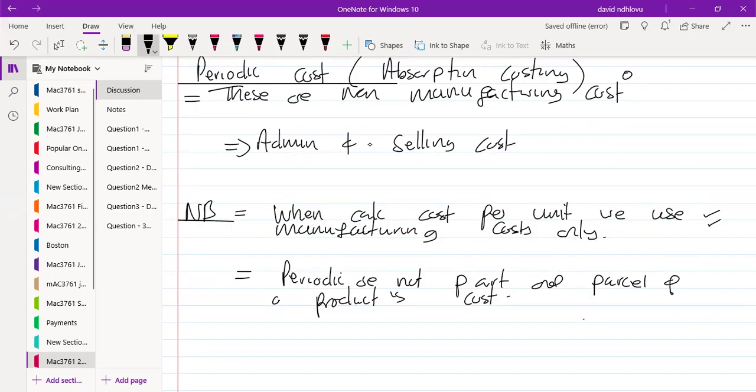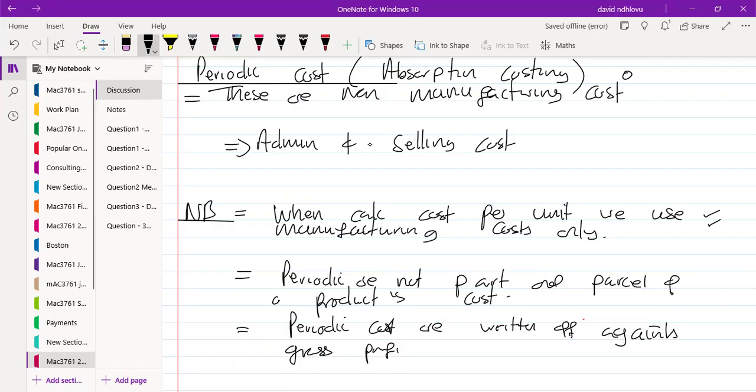Right, the periodic costs are written off against gross profit. When you are in your income statement, you say opening inventory plus manufacturing cost less closing inventory, you get cost of sales.